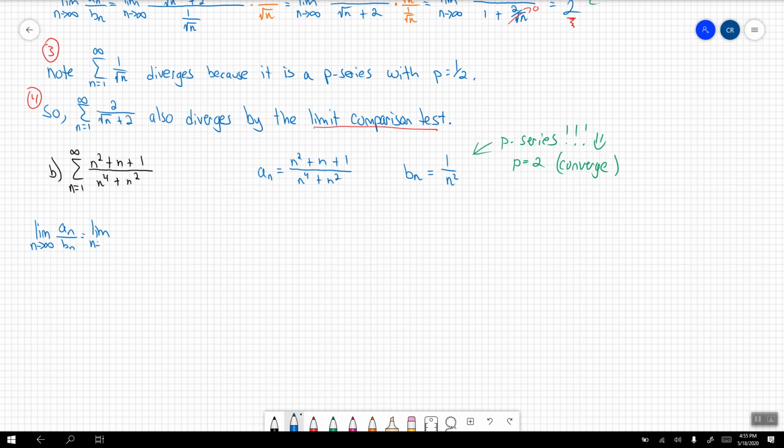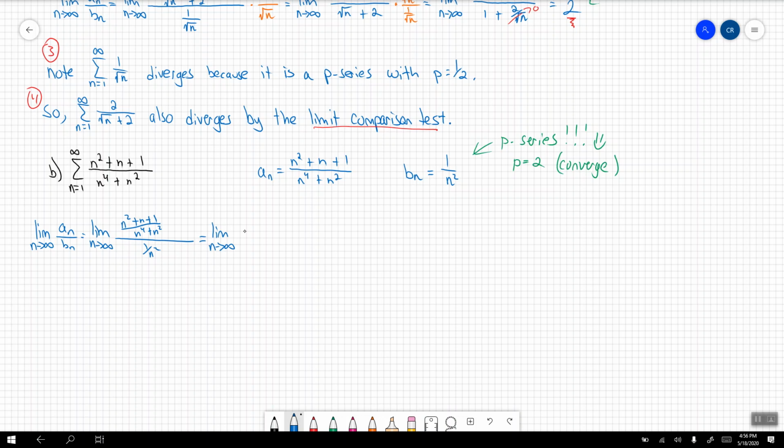All right, and we're going to go through and we're going to type in a sub n, which is n squared plus n plus 1 divided by n to the 4th plus n squared, all divided by 1 over n squared. There we are. All right, so let's go ahead and let's clean this up just a little bit more as n goes towards infinity.